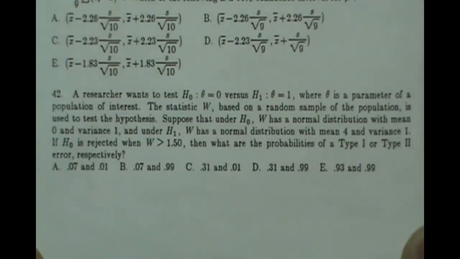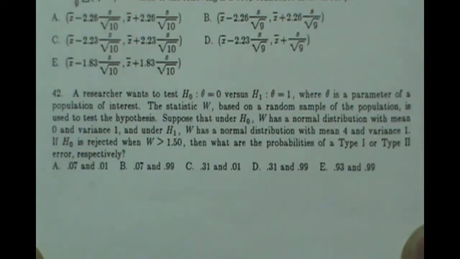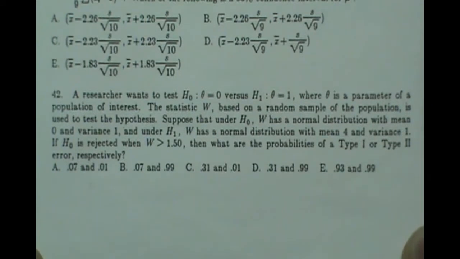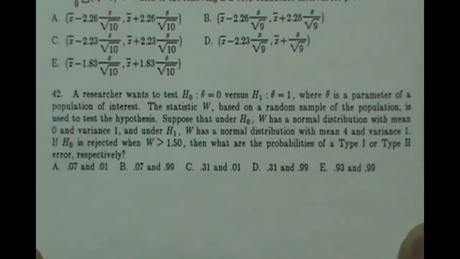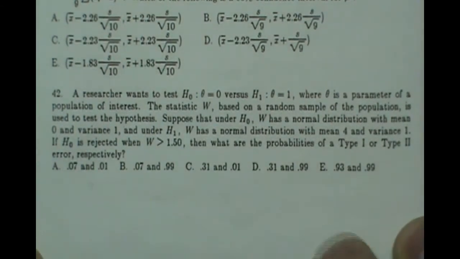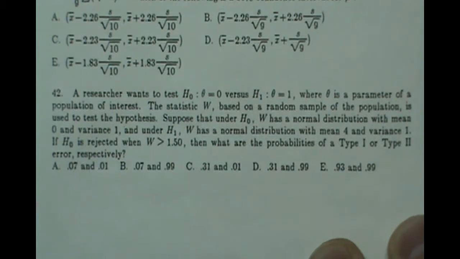Suppose that under the null hypothesis, W has a normal distribution with mean 0 and variance 1, and under the alternative hypothesis, W has a normal distribution with mean 4 and variance 1. If the null hypothesis is rejected when W is greater than 1.5, then what are the probabilities of a type 1 or type 2 error respectively?